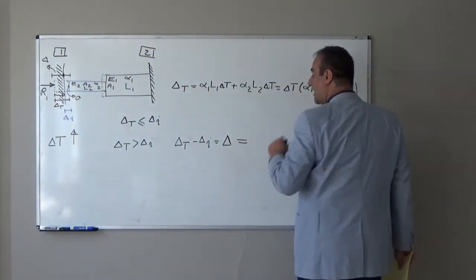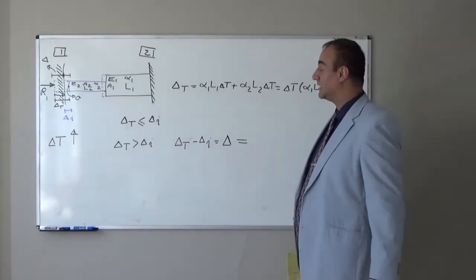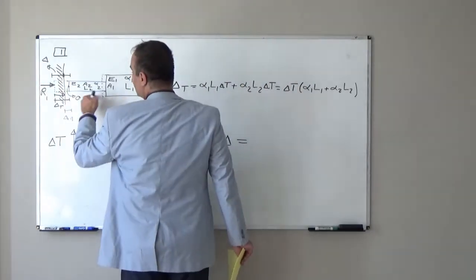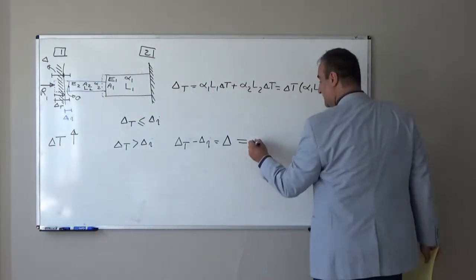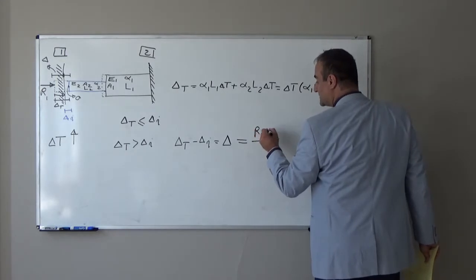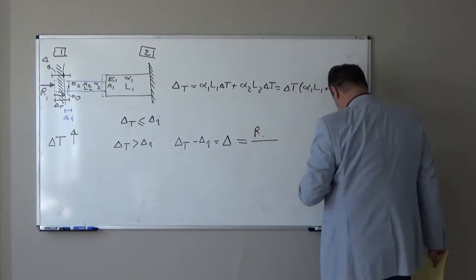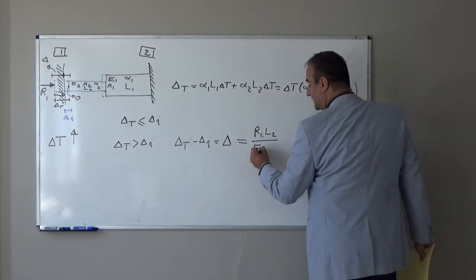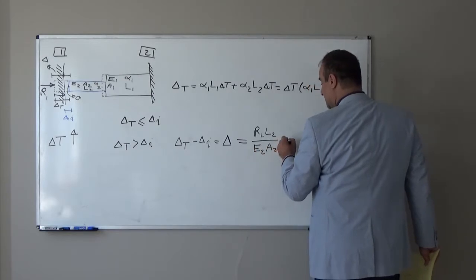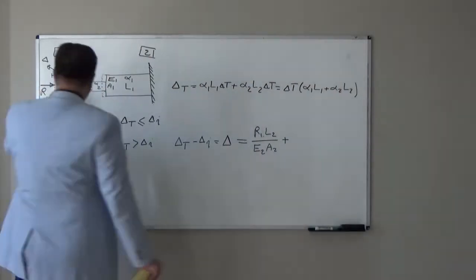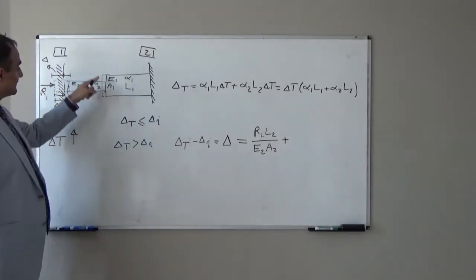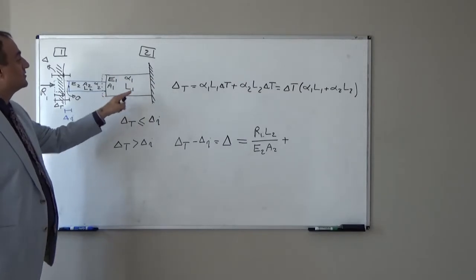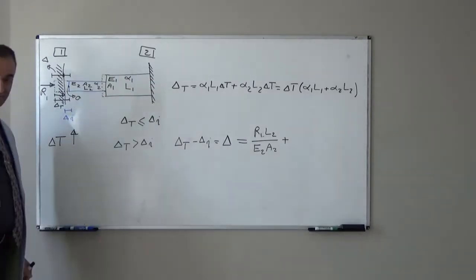If we have R1 reaction at that point, that R1 will cause deformation in part 2. It will be R1 times L2 over E2 A2. If we apply R1, internal force in this part is R1, internal force in this part is R1 too, and the reaction even here is equal to R1.